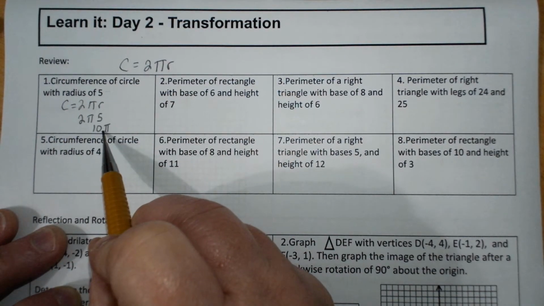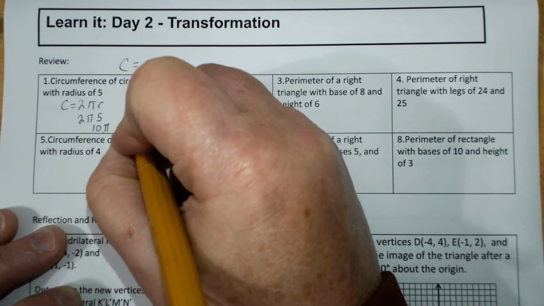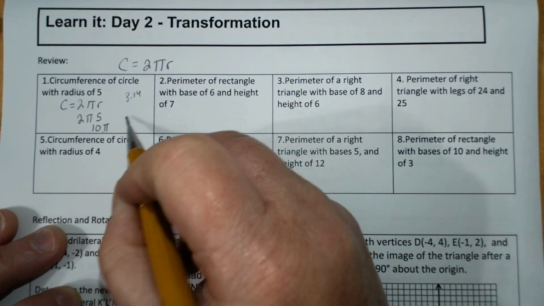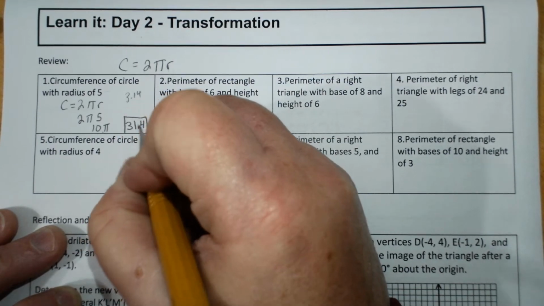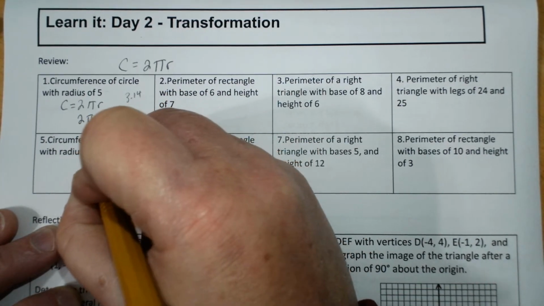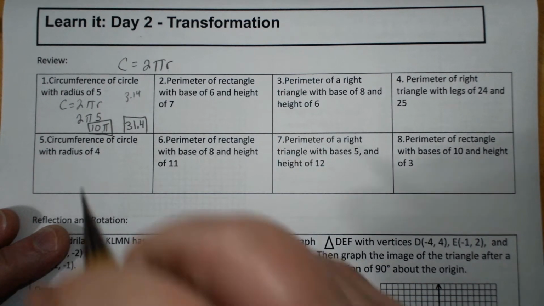Sometimes it will be left like that, and then pi is 3.14, so multiplying it by 10 would be 31.4. These are both valid answers. Sometimes I will ask you to leave it in the form of pi, sometimes you'll do it as a numerical.